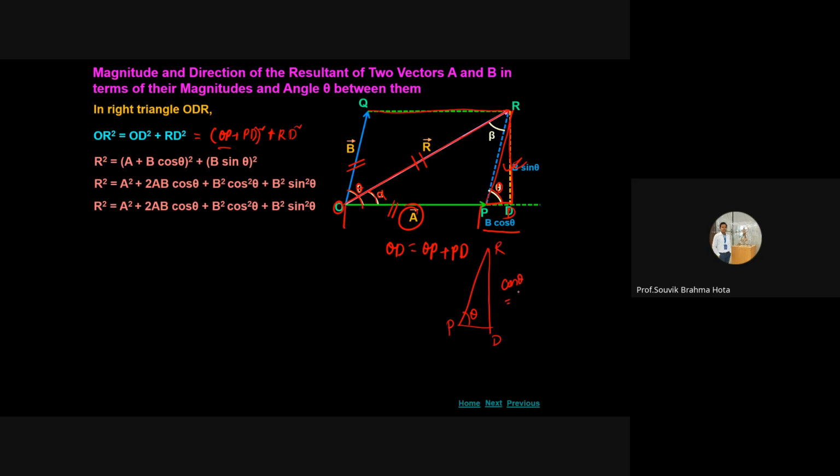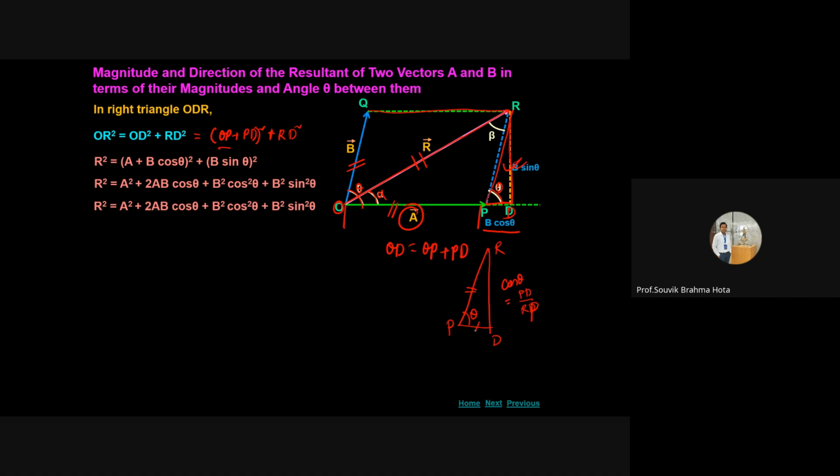Cos theta is PD by RP, base by hypotenuse.